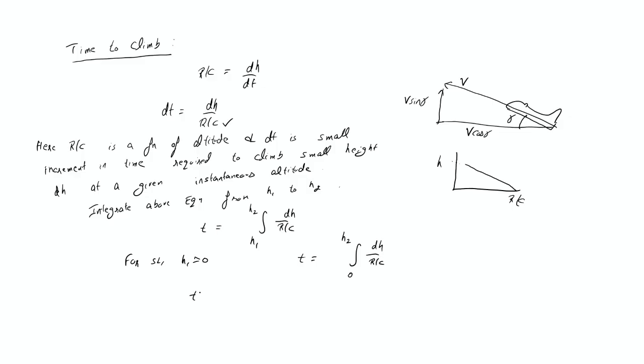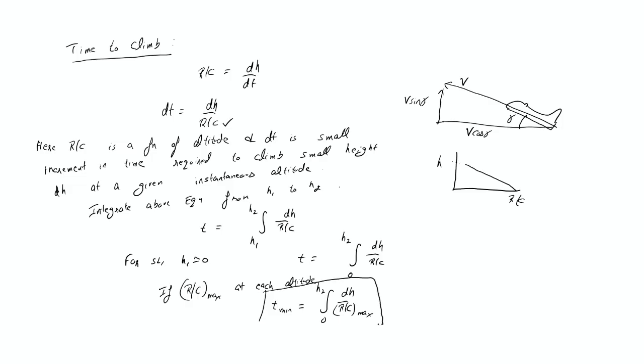So, then we can write here, if R by C is maximum at each altitude, then we will get the minimum time to climb to a certain altitude, 0 to h2. So dh upon R by C max.